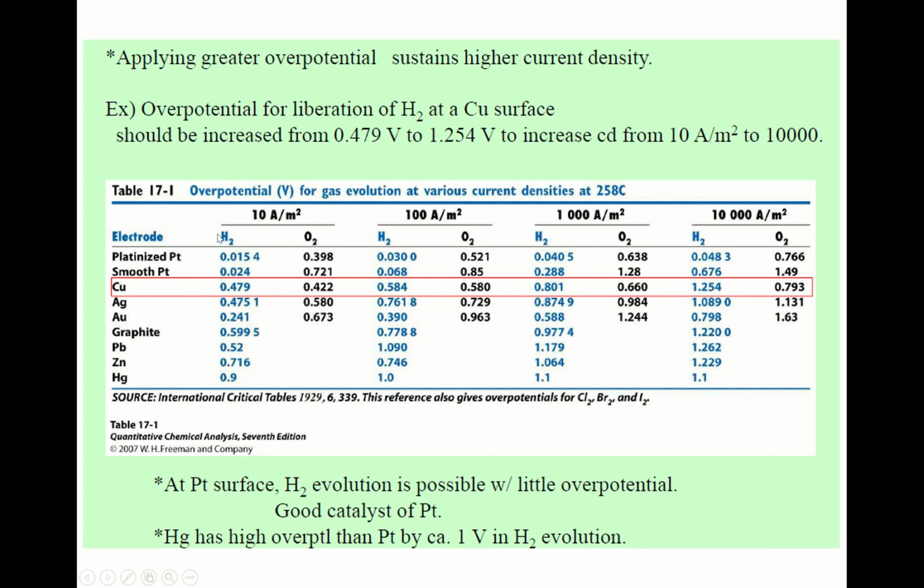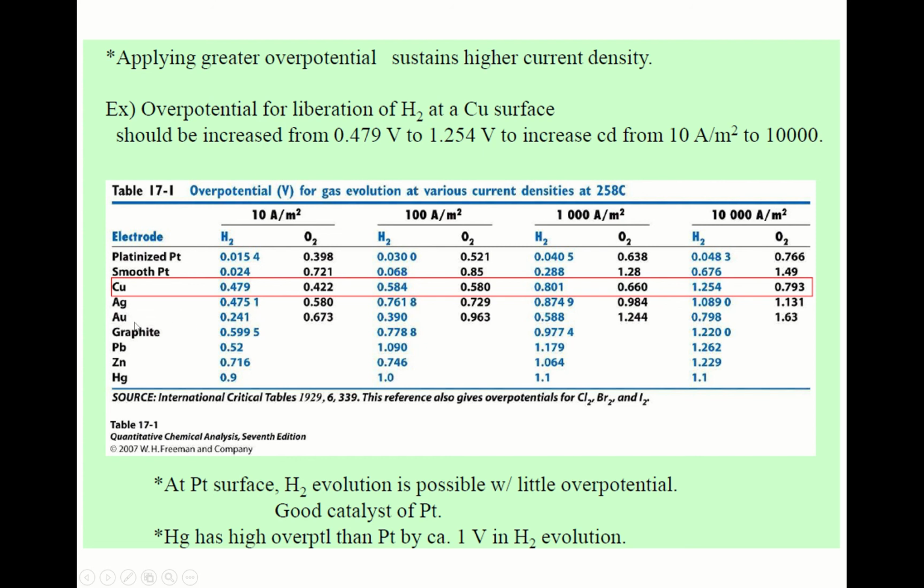So hydrogen evolution at a platinum electrode is quite easy because the overpotential is quite small. But oxygen evolution is much more difficult, because here it is at least about 0.4 volt more that you have to apply to oxidize water. At the silver electrode, hydrogen evolution is not easy because this much potential is required.